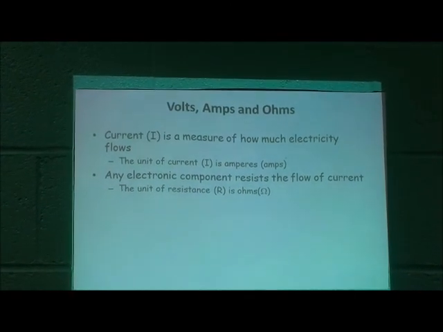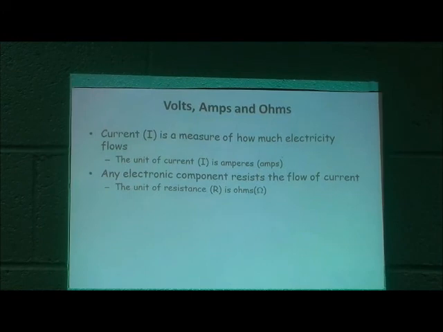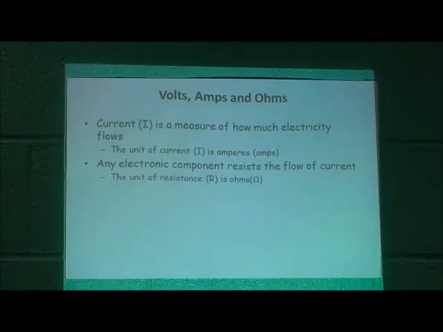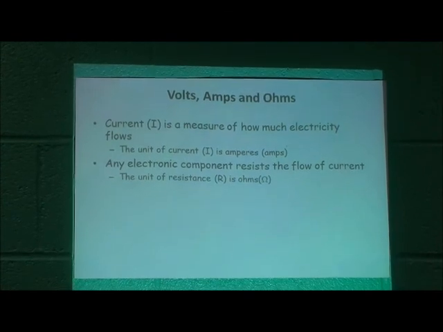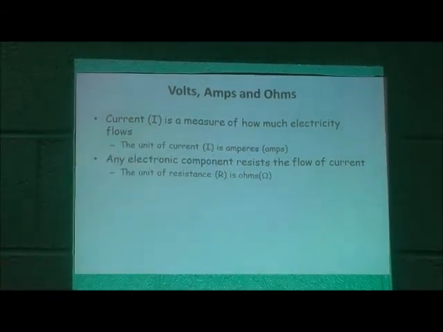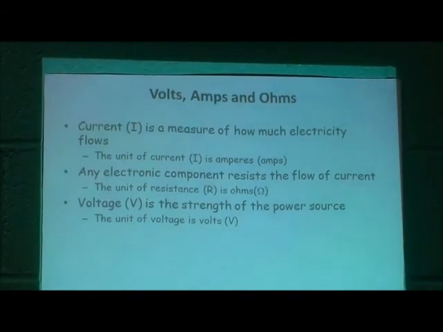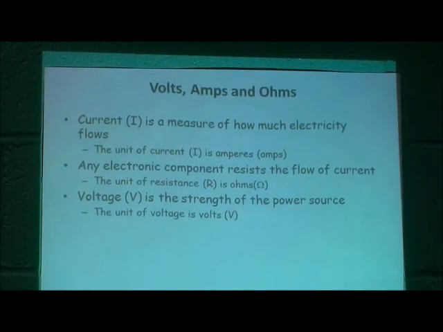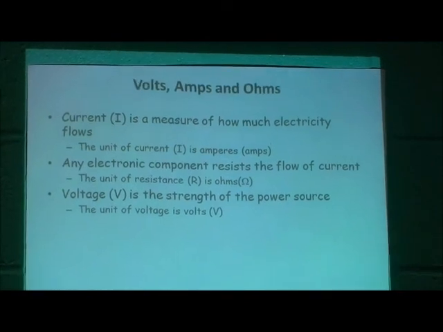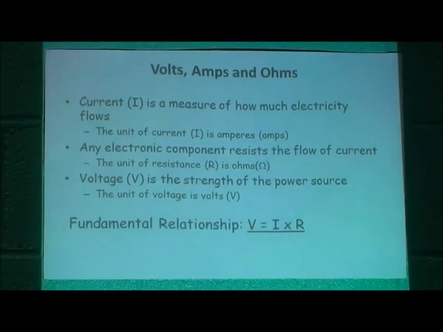We use the letter R for that, and the unit is ohms, represented by the Greek symbol omega, which we've shown here. The third parameter is the voltage, which is the strength of the power source, and the unit of voltage is simply volt, or V.